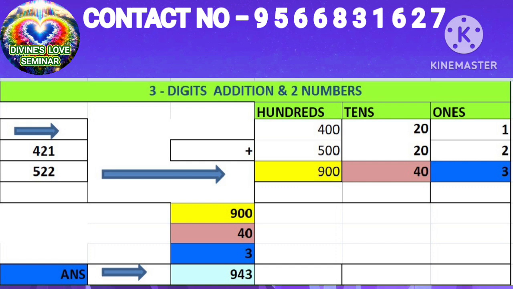Keep 940 in your mind. Then go to ones place. 940 plus 1 is 941. 941 plus 2 is 943. 943 is the answer.